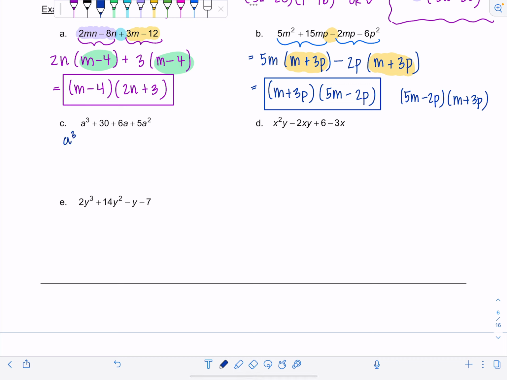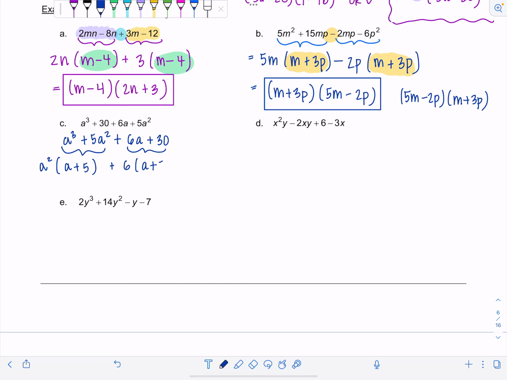a cubed plus 5a squared plus 6a plus 30. Now let's see. So from a cubed and 5a squared, I can take out an a squared. What am I left with? Yes, a plus 5. Plus, what can I take out from 6a plus 30? Very good, a 6.